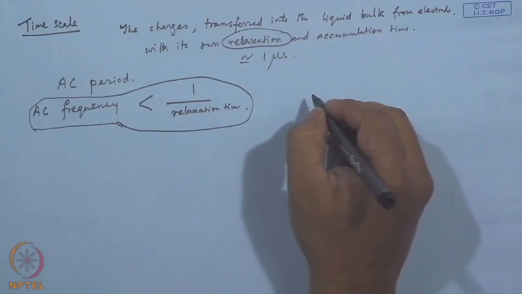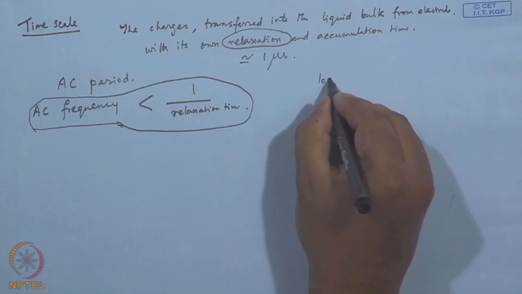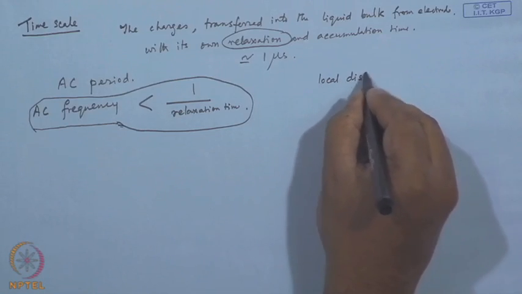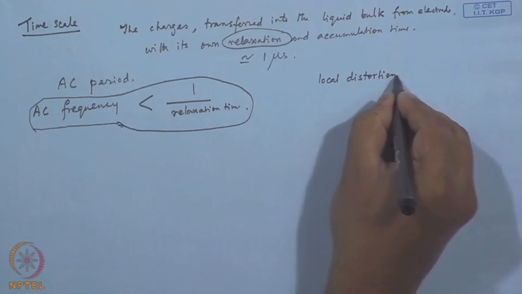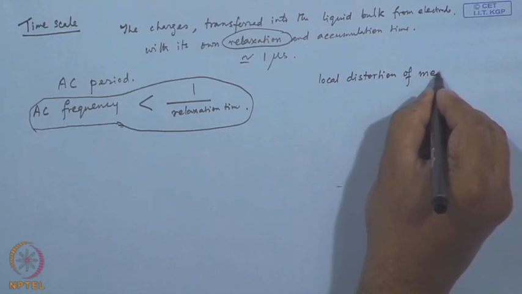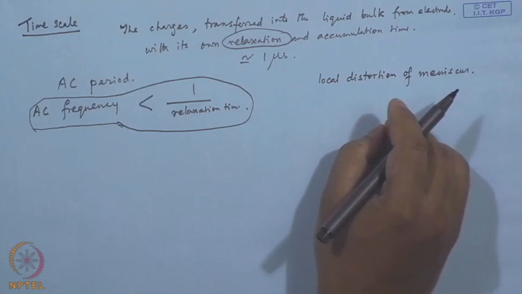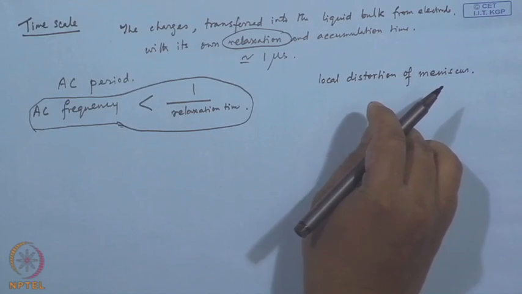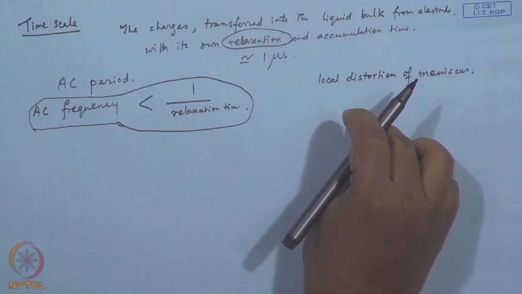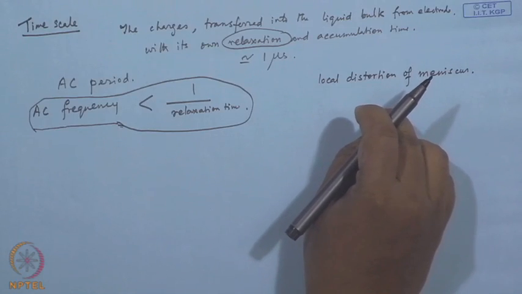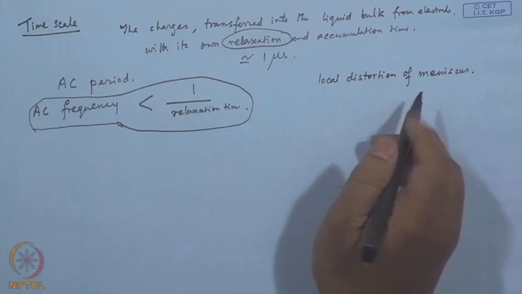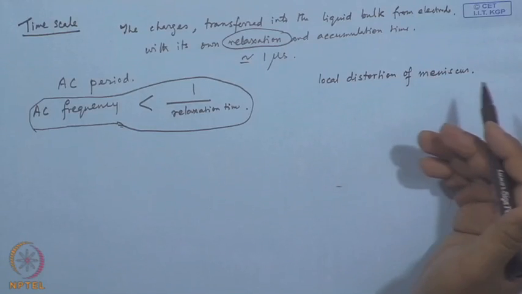It could be that we are looking at a local distortion of the meniscus. That means you are applying a voltage, but you are moving away from that voltage so fast that the meniscus has distorted locally, but it has not gone to culmination within that time frame.